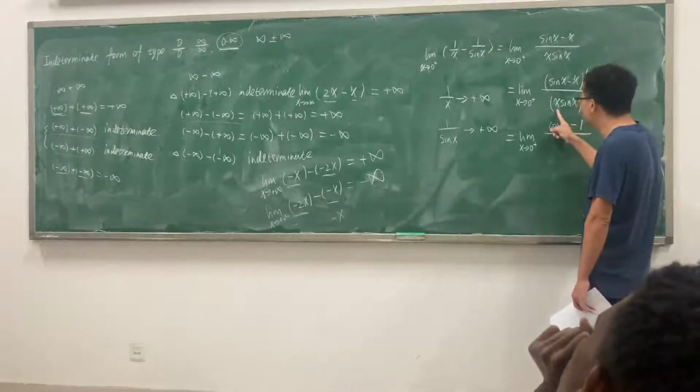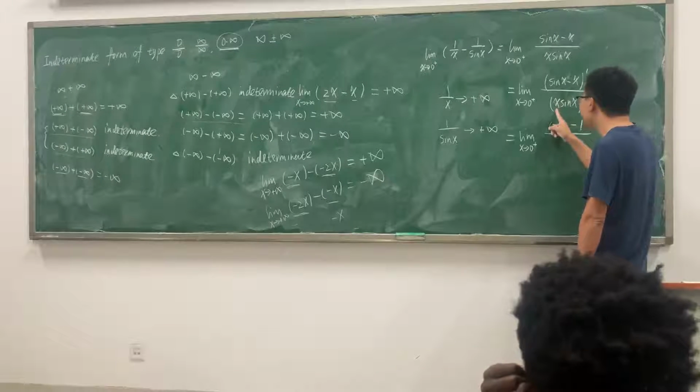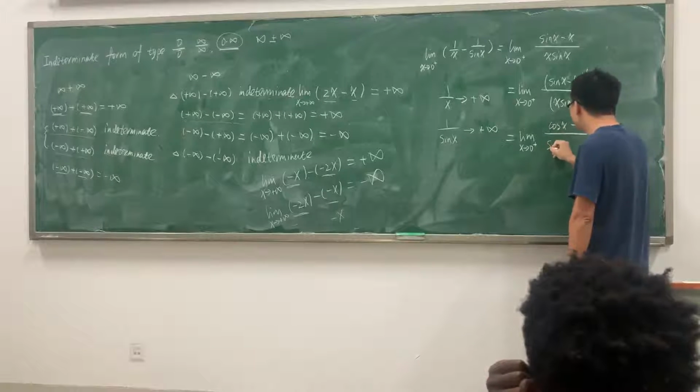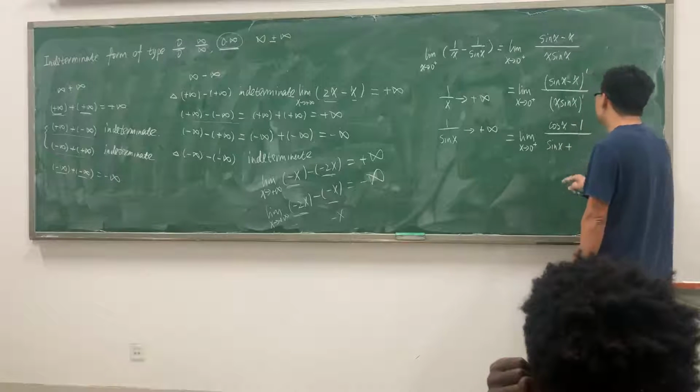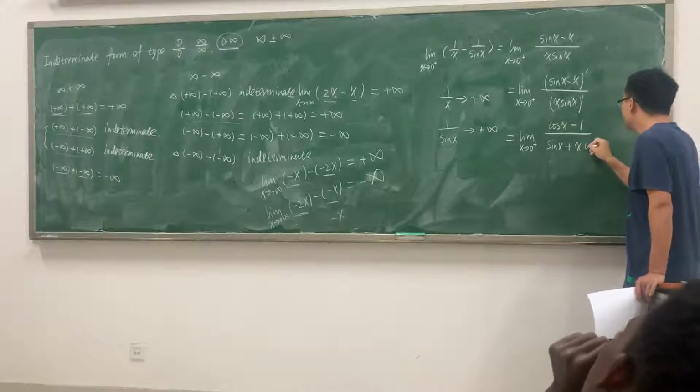For the denominator, x' is 1, so 1 times sin x plus x times (sin x)', and (sin x)' is cosine x.